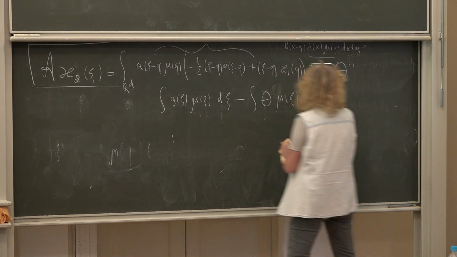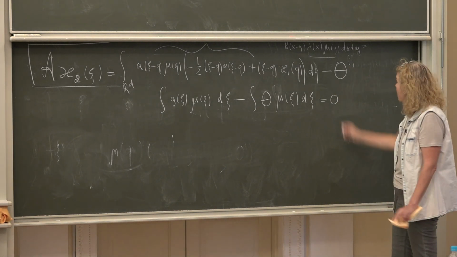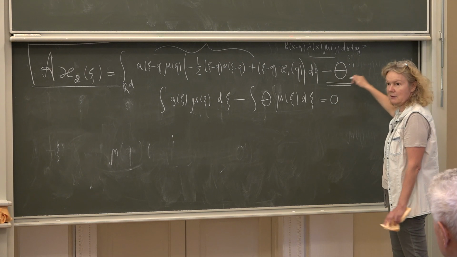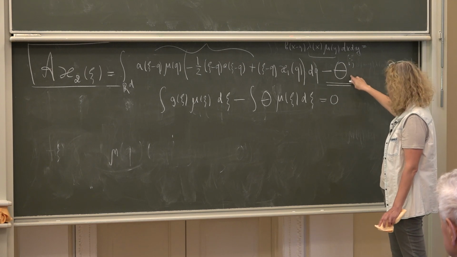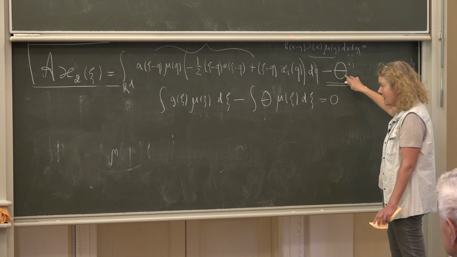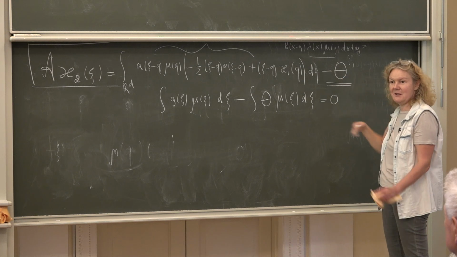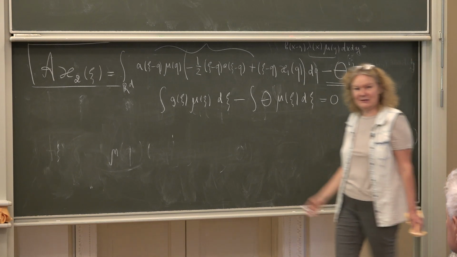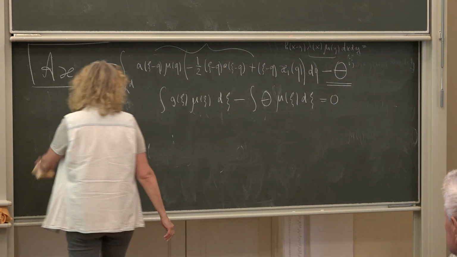Maybe I write it here. So now the next step is to define the family of these theta ij and prove that in fact this family defines a matrix which is positive definite. So that is the next step.